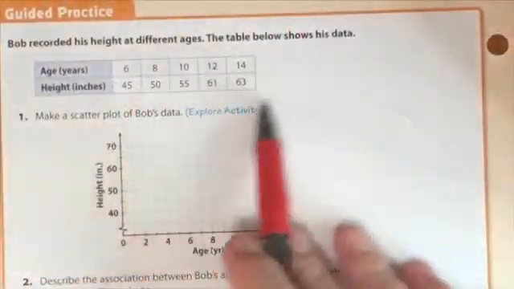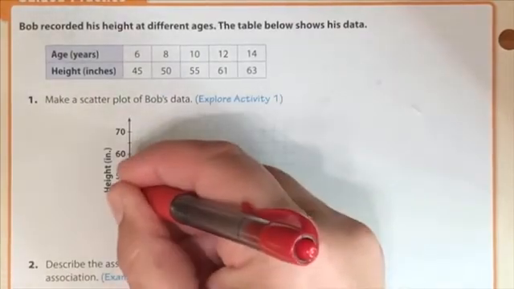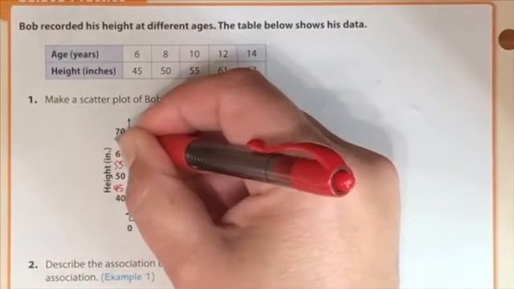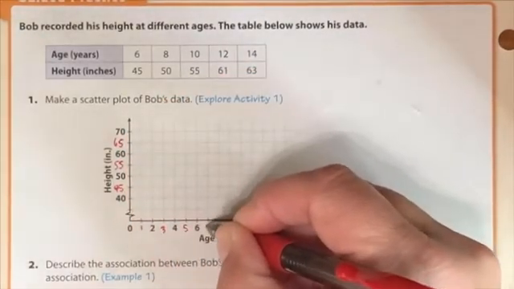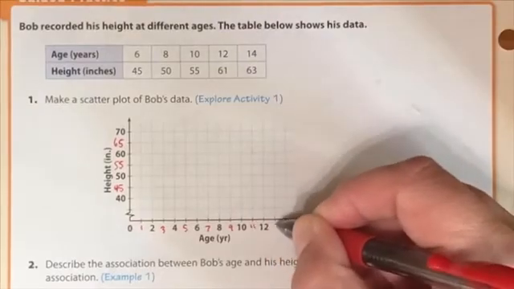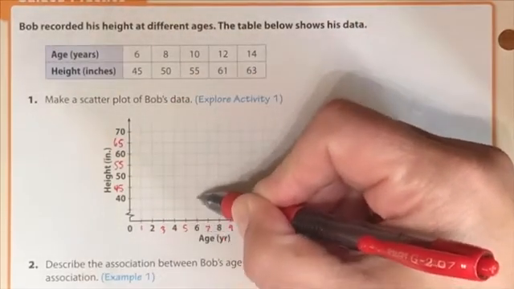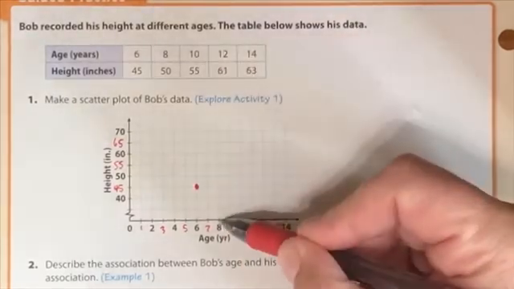Now looking on page 438, number 1, we are going to look at a table where Bob recorded his height at different ages, and then we're going to plot that and make a scatter plot. You may want to fill in those missing data points on the scale to make it a little bit easier for yourself, or maybe you don't need to. As a person gets older, they generally get taller.